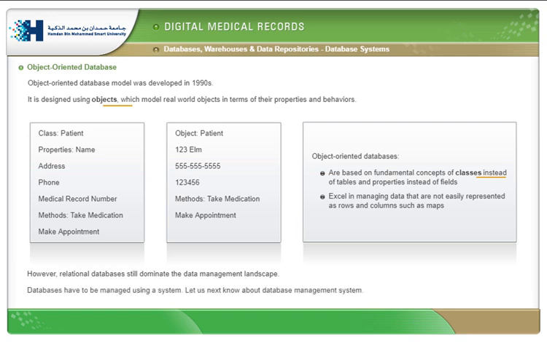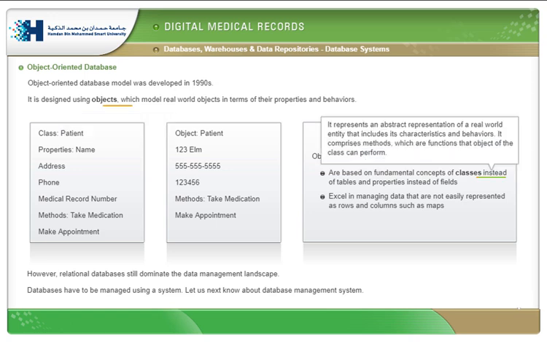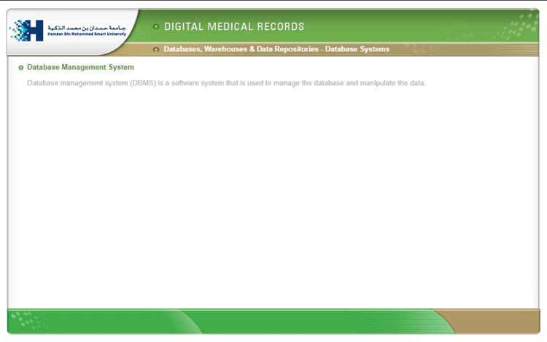Databases have to be managed using a system. Let us next know about database management system. Database Management System, or DBMS, is a software system that is used to manage the database and manipulate the data.